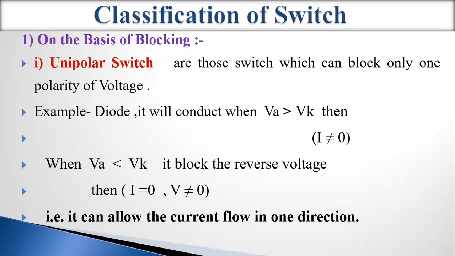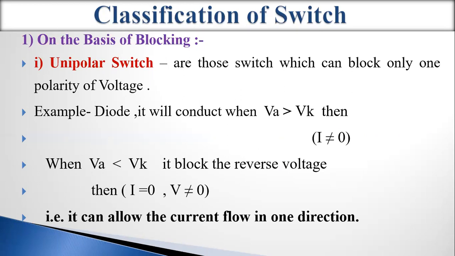On the basis of blocking, the first is the unipolar switch. These are switches which can block only one polarity of voltage. For example, a diode conducts when anode voltage is greater than cathode voltage, and then current is not equal to 0.